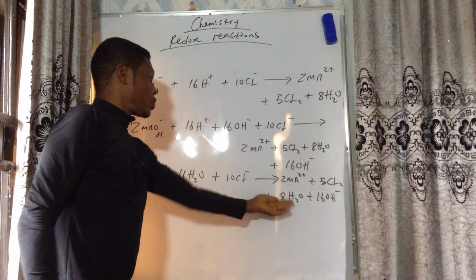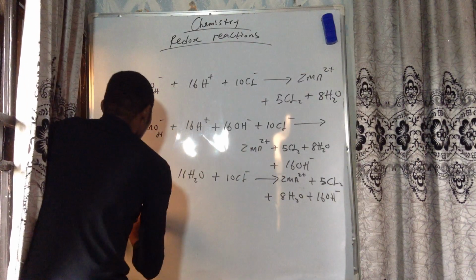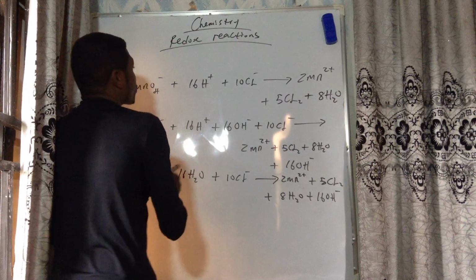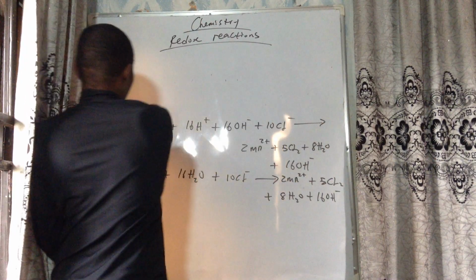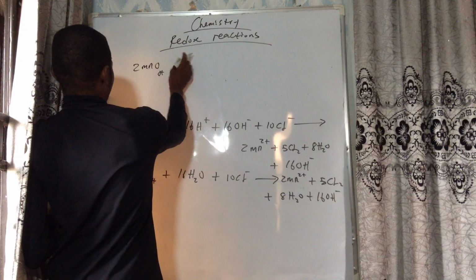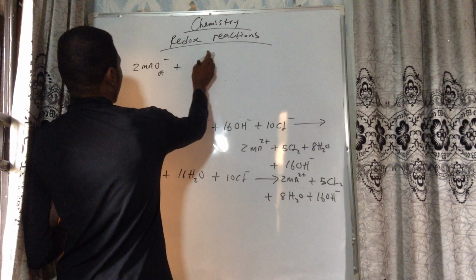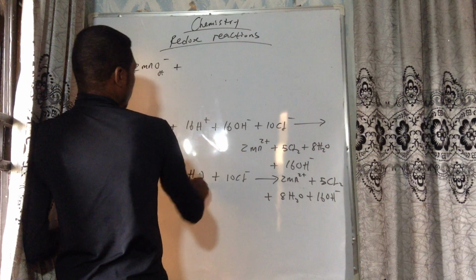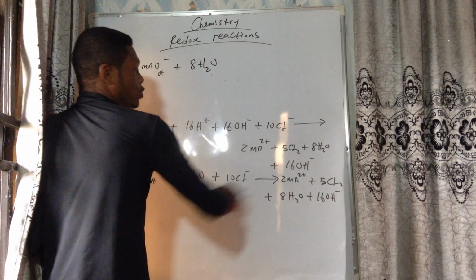You know, when you take plus to the other side, it becomes minus. Now you just do 2MnO4- plus, if you subtract this, it becomes plus 8H2O. I've subtracted it.